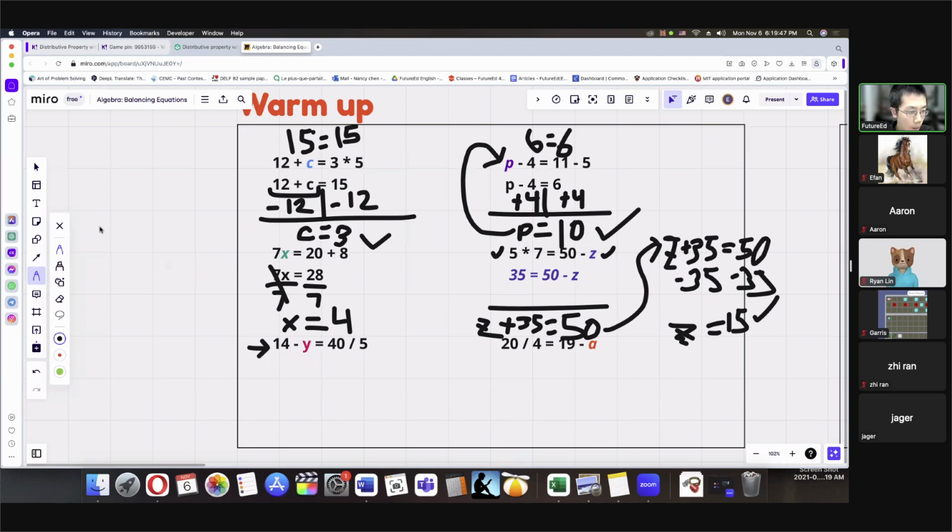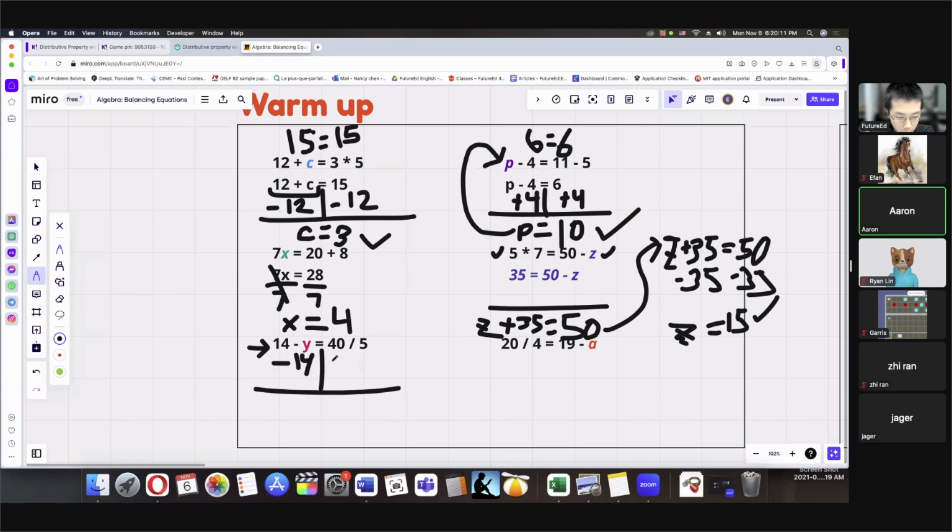Aaron, would you like to try 14 minus y equals 40 over 5, please? First subtract 14 from both sides. Okay, we can try that. Let's try subtracting 14 on both sides, and what do I get? 0.